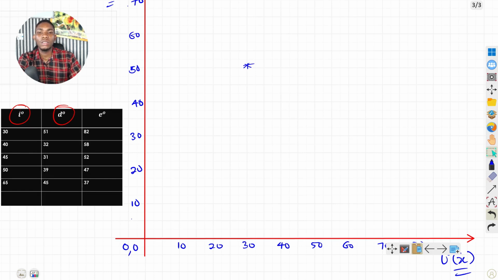D is 32, which is a little above 30, and I is 40, so the point is somewhere around here. When D is 31, I is 45. So D of 31 is somewhere around here.